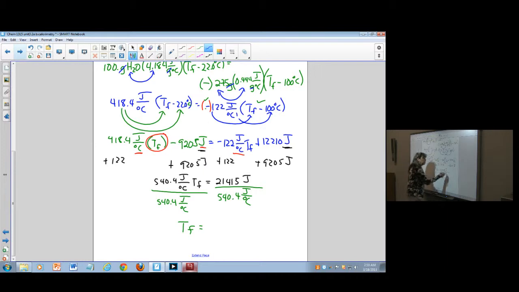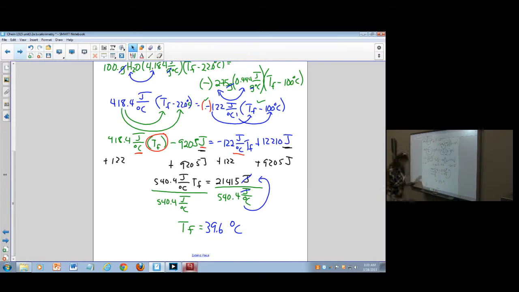The joules drop out, and the degrees Celsius is going to be the final unit at the top, because a division divided by a division flips that bottom one to the top. This turns out to be equal to 39.6 degrees Celsius. So in this case, both the nickel and the water come to the same temperature. That same final temperature for both of them is 39.6 degrees Celsius.